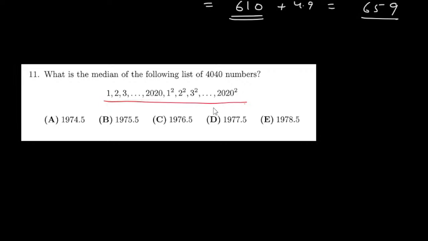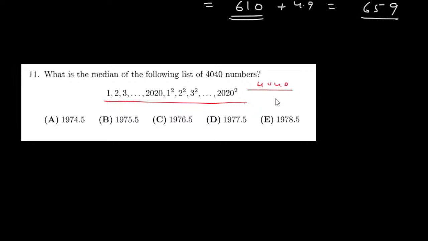If we are starting with 1 and ending at 10, so 1 2 3 4 5 6 7 8 9 10, total 10 digits are there. Like that, here how many digits we have? Here we have 4040 digits.